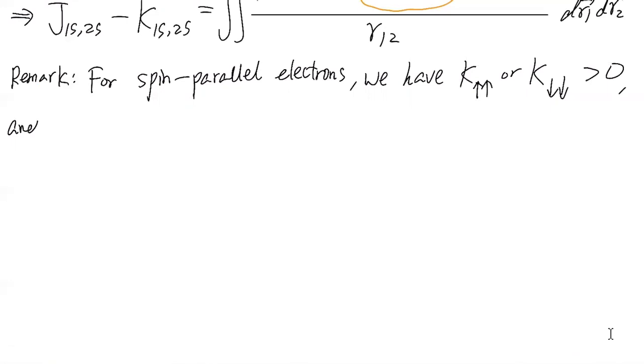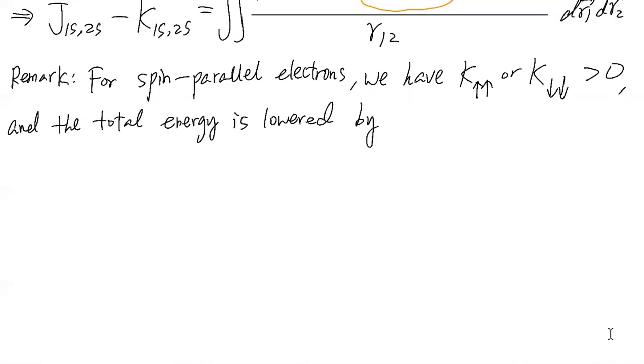And the total energy of this determinant for a particular electronic configuration is lowered by negative K alpha alpha or negative K beta beta. This is very important. This exchange interaction between two spin parallel electrons lowers the system energy. Okay?